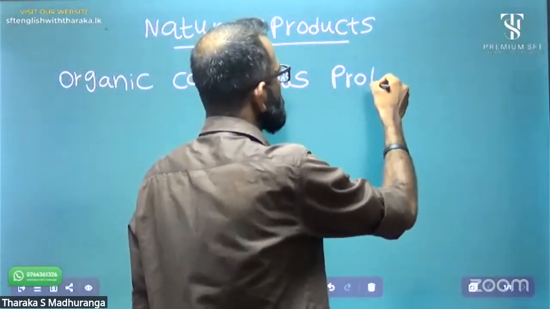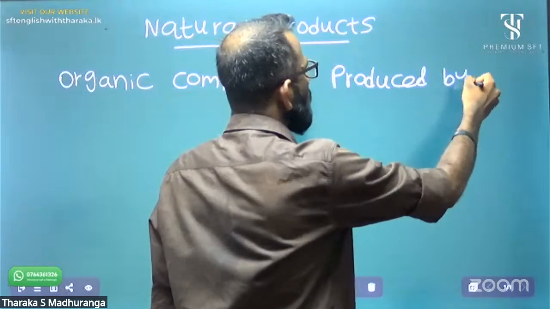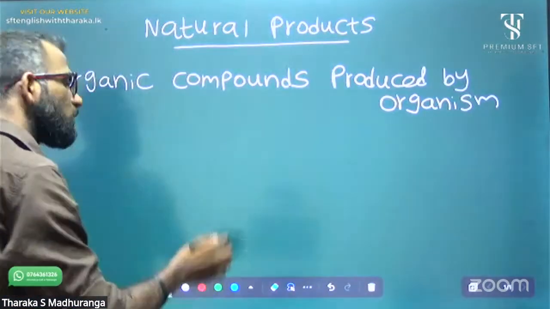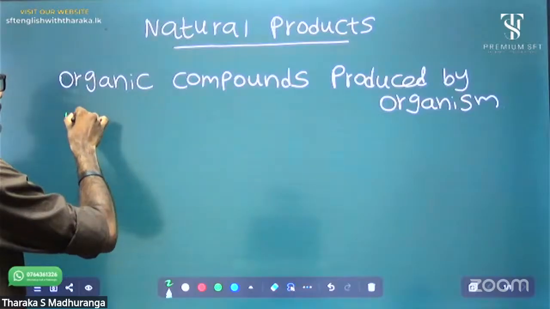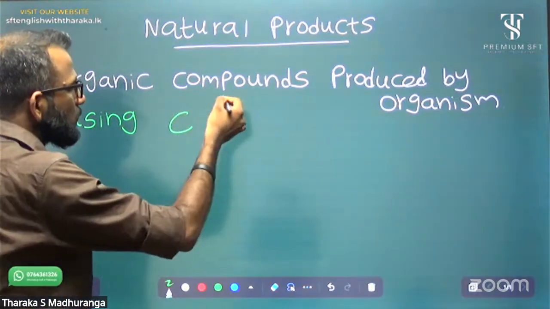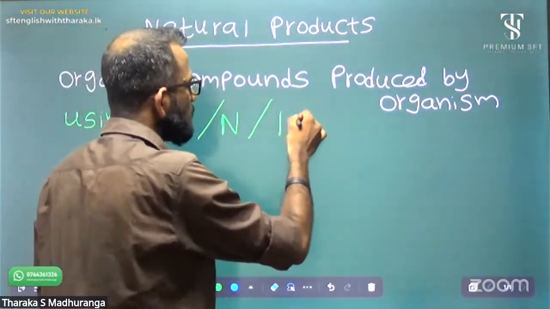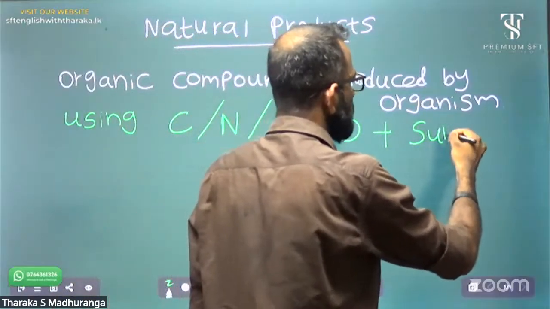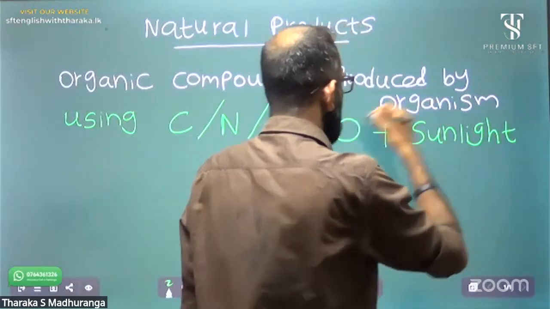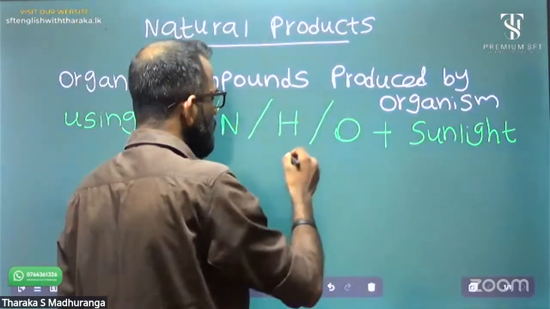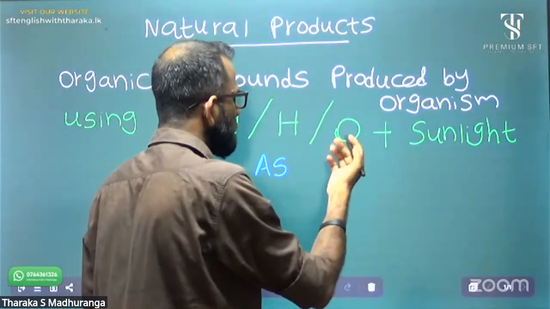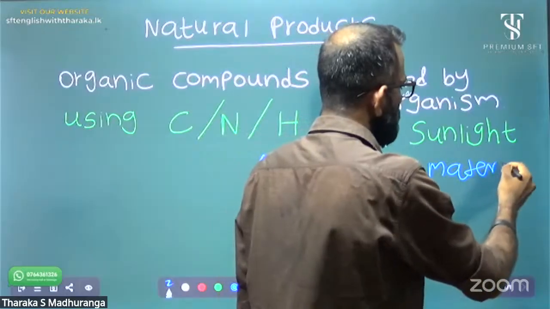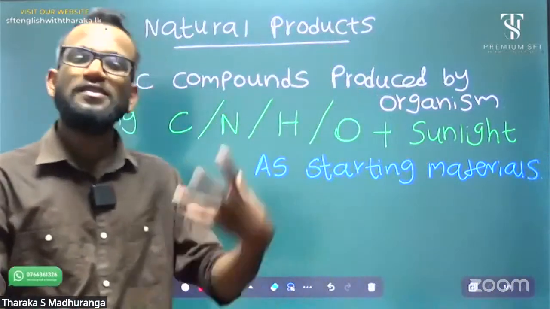Produced by an organism using carbon, nitrogen, hydrogen, oxygen plus sunlight as starting material. Okay, this is the final definition, a simple definition. Starting materials. This is what natural products are.